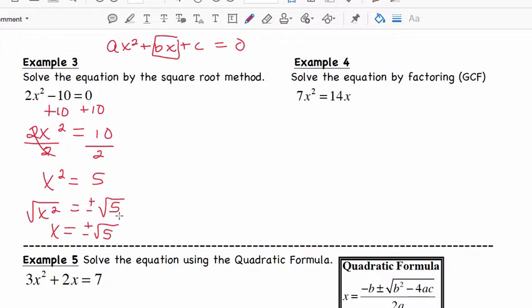Now, in this section, it is possible to have some of your answers have a negative underneath the square root, and then you're going to have to take that negative out and turn it into an i. Up until this unit, we would write DNE, does not exist, whenever we got a negative under the root, but now in this section we are working with imaginary numbers.